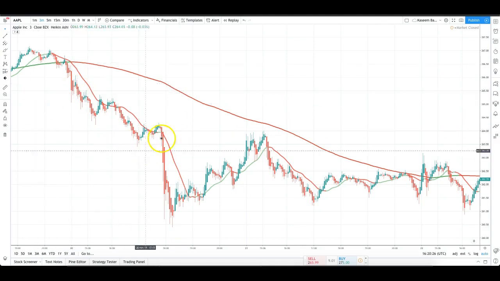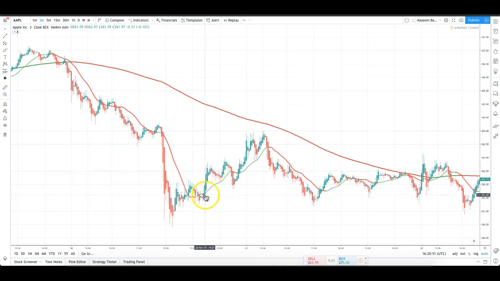But this system that I use here is great because it keeps you in the trade longer because of this moving average. And when prices change, the color also changes. So it gives you an indication of what's currently going on with current price and the trend.